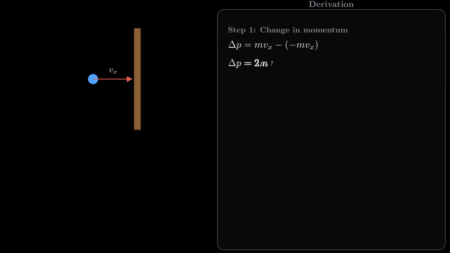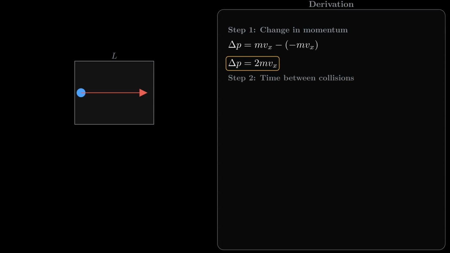As we showed earlier, the change in momentum for each collision between a particle and a wall is 2mv_x, where I have abbreviated v cosine theta as v_x. If we assume elastic collisions, the particle will rebound and hit the other wall. Also, if we assume that this particle is in a box of length L, so volume L cubed, we derive that the time between collisions is 2L on v_x.